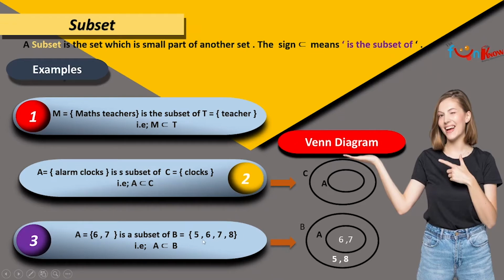B has these four members, but inside B there is a subset which is known as A, which only has two members, 6 and 7. So this is how you can draw the Venn diagram of sets and subsets.